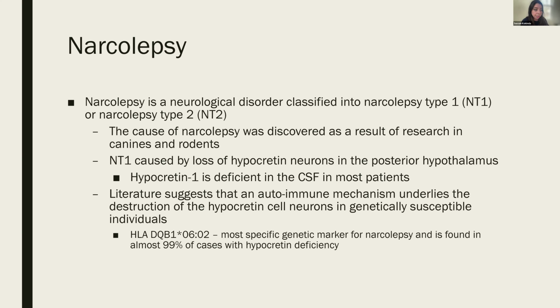The literature does suggest that there is an autoimmune mechanism that underlies the destruction of the hypocretin cell neurons in genetically susceptible individuals. And the allele that I came across was HLA-DQB1, which is a specific genetic marker for narcolepsy and is found in almost 99% of cases with hypocretin deficiency.